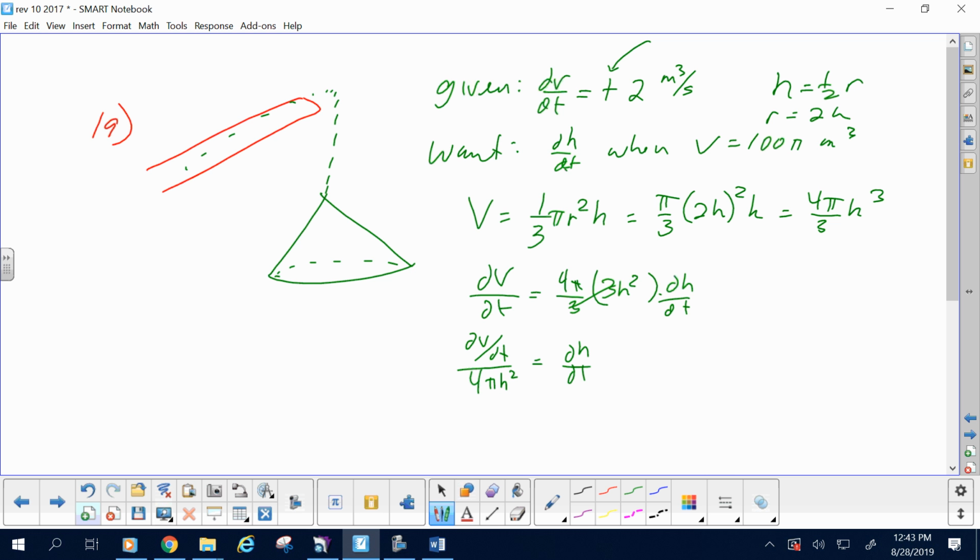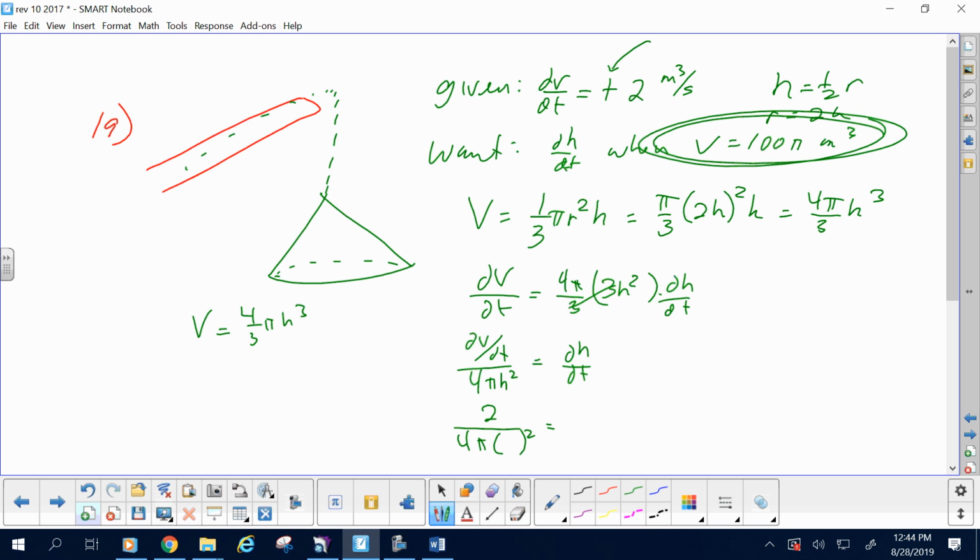Oui? All right. Now the instant. What's dV/dt? 2. 4 pi. The only thing I need to overcome is what's h at the instant? Well, I know at the instant they talk about, volume isn't volume 4/3 pi h cubed? And at the instant they ask about, volume is 100 pi.